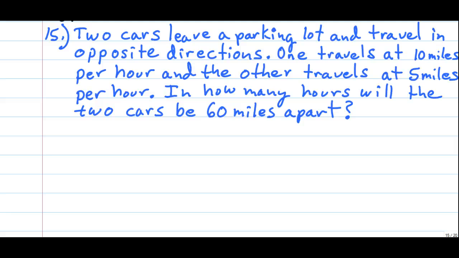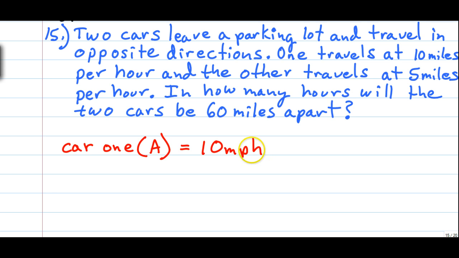So let's pull this information out. We know that car 1, which for the moment I'm going to call A, is traveling at a rate of 10 miles per hour. Car 2, which for the moment I'll refer to as B, is traveling at 5 miles per hour.